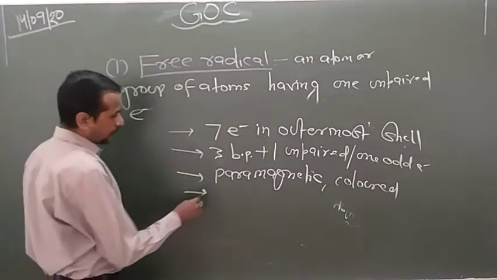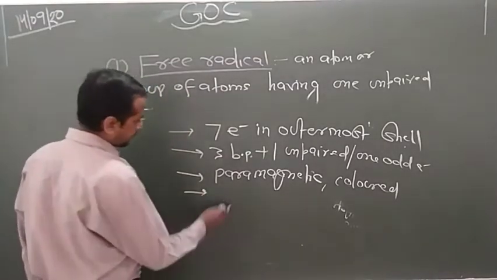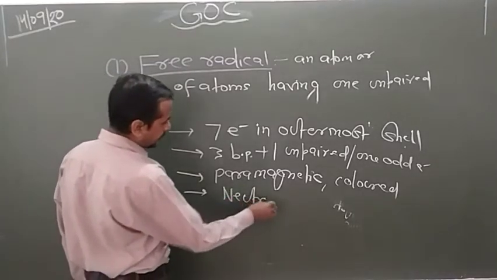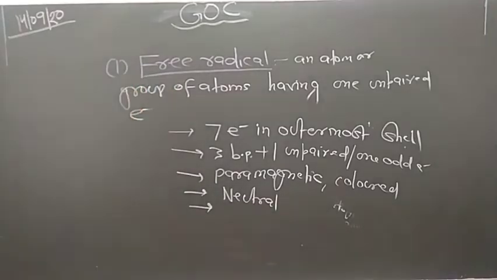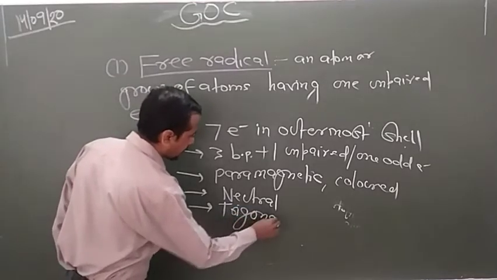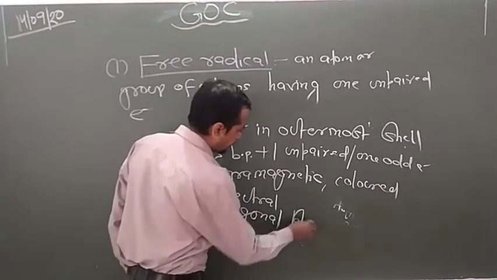Now some more properties about the free radical. It is a neutral species. They have no charge. Now the shape is trigonal planar.